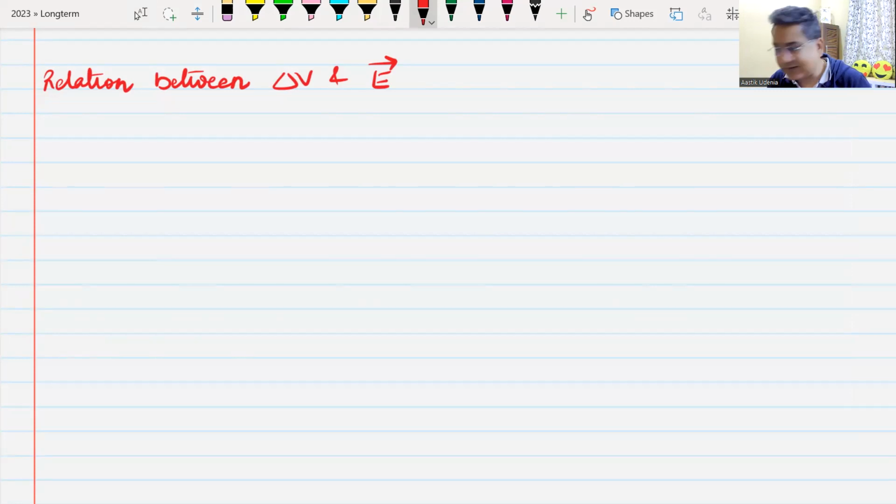The next heading is the relation between delta V, potential difference, and electric field. Now this relation is very simple. I'll just tell you how you get this relation. Force acting on any charge is Q multiplied by electric field E. Yes or no?